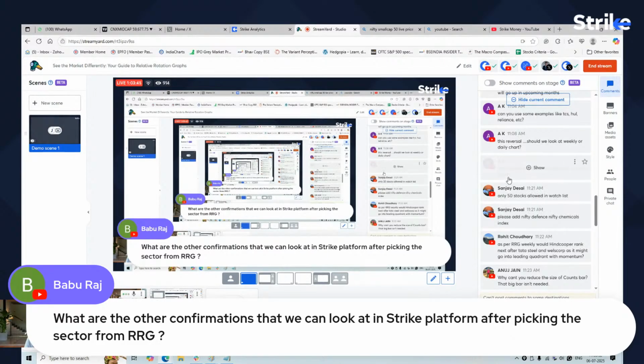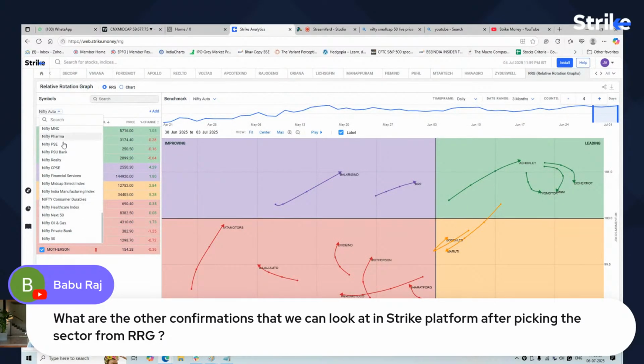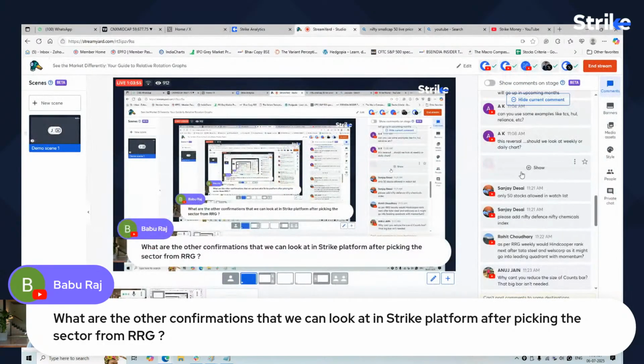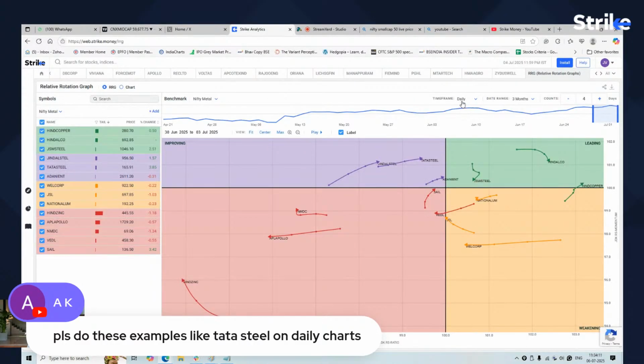Tata Steel on daily, right? So I'm just taking up this question which says, what is Tata Steel doing on daily? Good question. We could see that in the weekly it was turning around. Now on the daily, it is going towards the right side, which means that the relative strength is doing well.